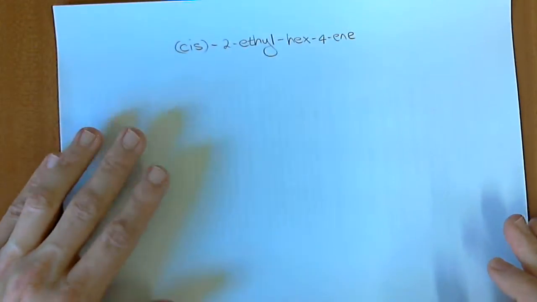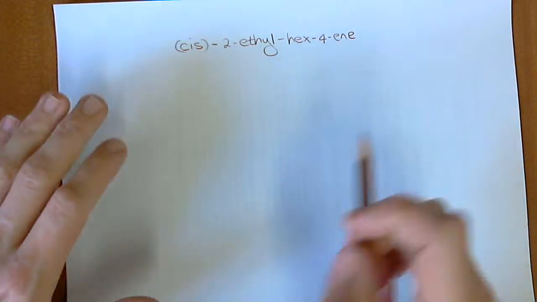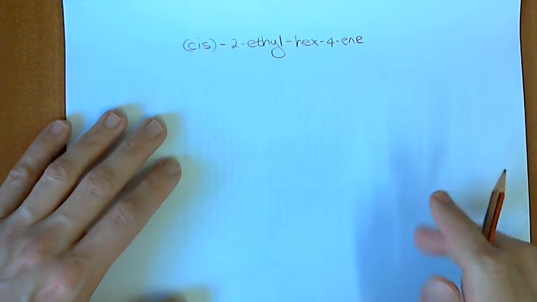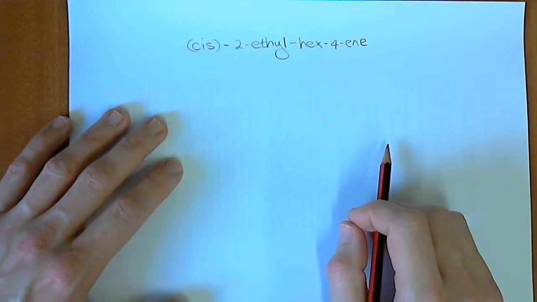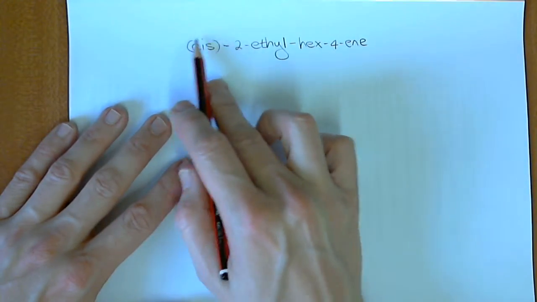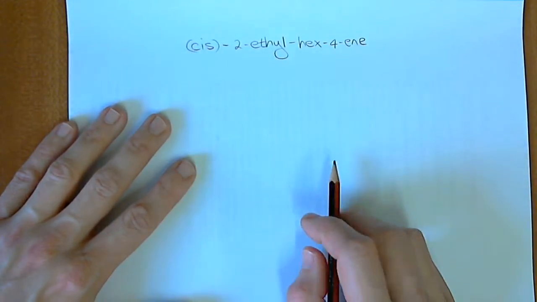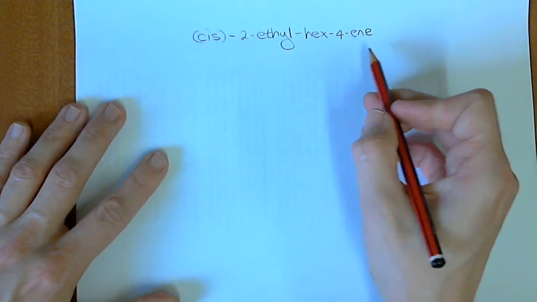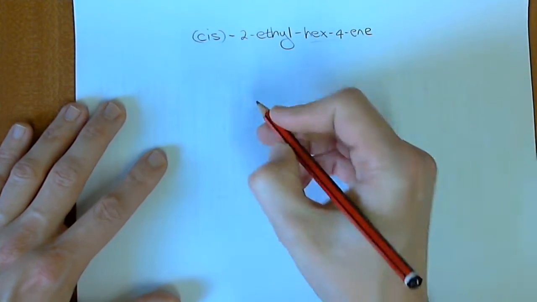I'm just making this up on the spur of the moment, and I'm doing this for a very good reason, because I'm going to show you that actually this name is completely rubbish. But we can still get a structure that we can do from this, hopefully. Let's see where I go with this. So it's a hexene.